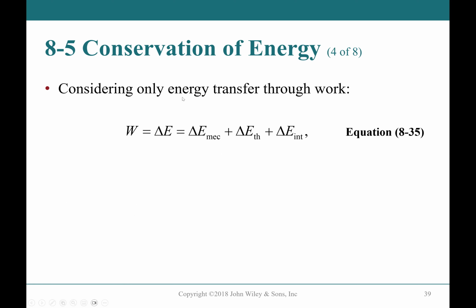So considering only energy transferred through work, work will be equal to the change of mechanical energy plus the change of thermal plus the change of internal, okay? So for total energy, now you have two more terms here, thermal and internal, okay?